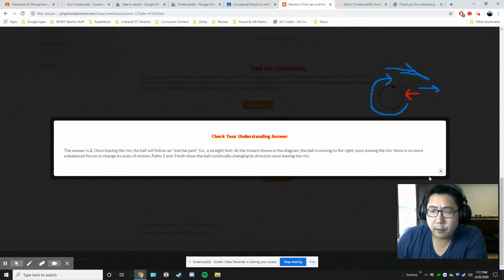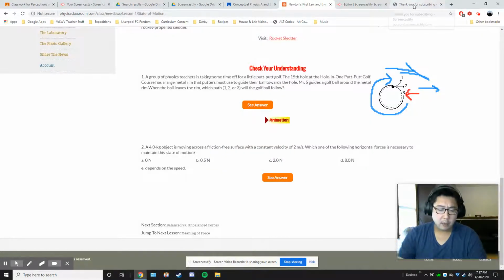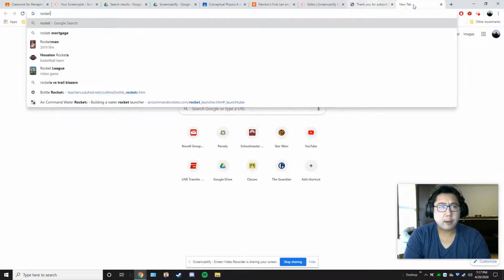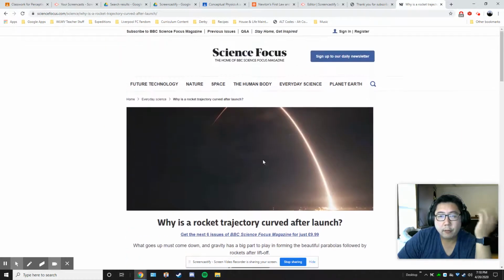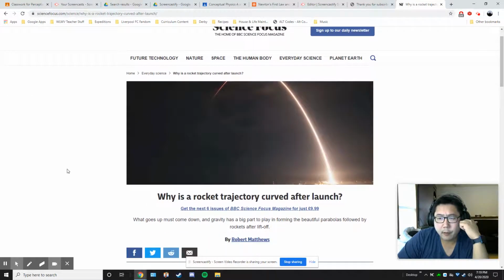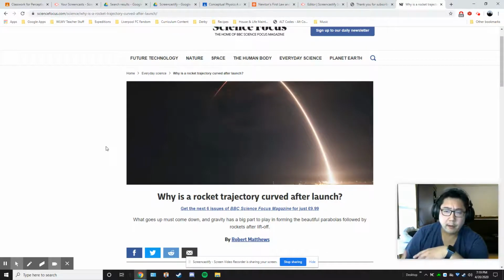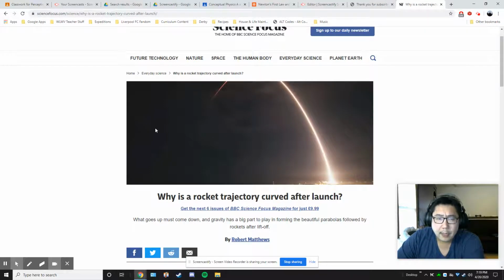If you want to talk about real life examples, let's talk about rocketry, rocket launches. We know that rockets typically have a parabolic curve. It's not a true parabola; it's more like an ellipse, longer at one end and more compressed on the other.